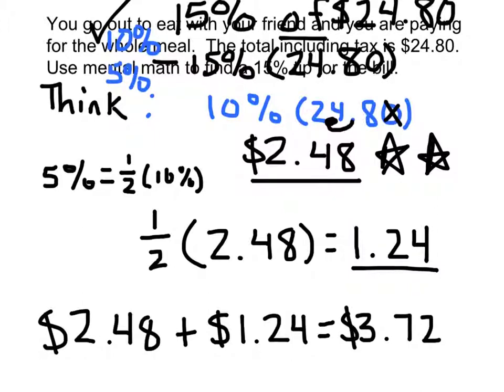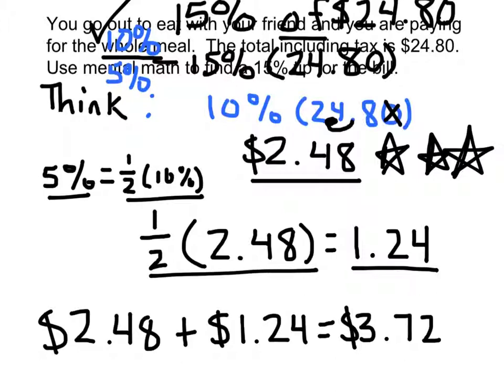So notice we broke this up and dealt with the 10% because we can just move the decimal. And then 5% is really half of 10%. So when we find 5% of a tip, we can really just take half of the 10% that we did right here. Then we can just add the 5% tip plus the 10% tip and get our total tip.